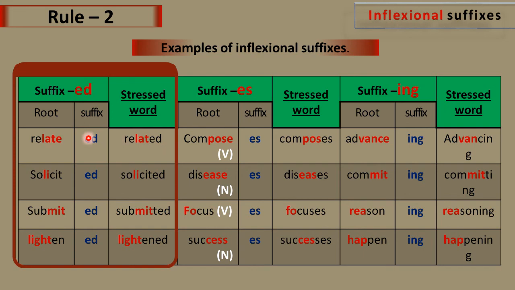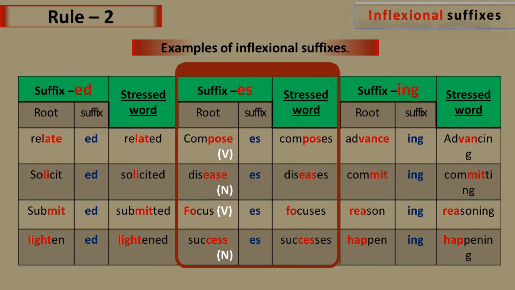The rule is inflectional suffixes like -ed or -es or -ing don't affect the stress, and relate is the root word, and this root word has the stress on late. By adding -ed we can form related, and in this word also the stress is on the same syllable, that is late. Understand? Let us see the second column.